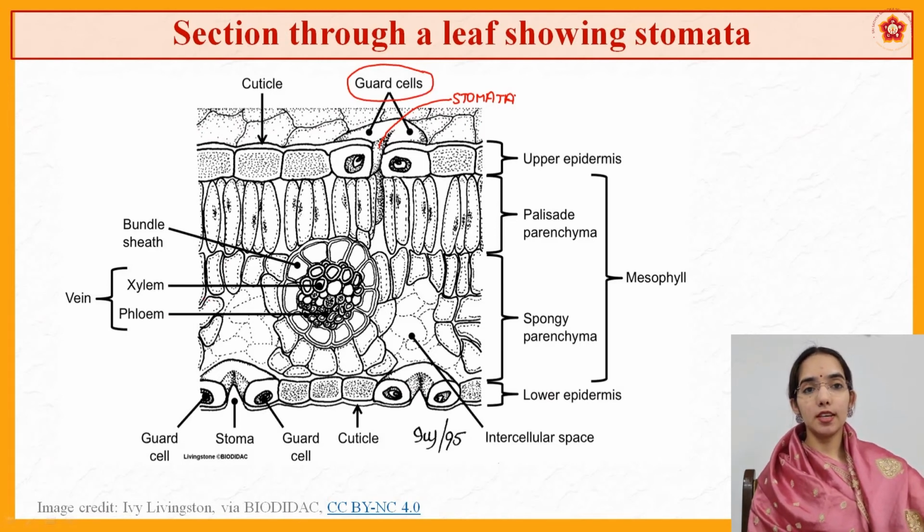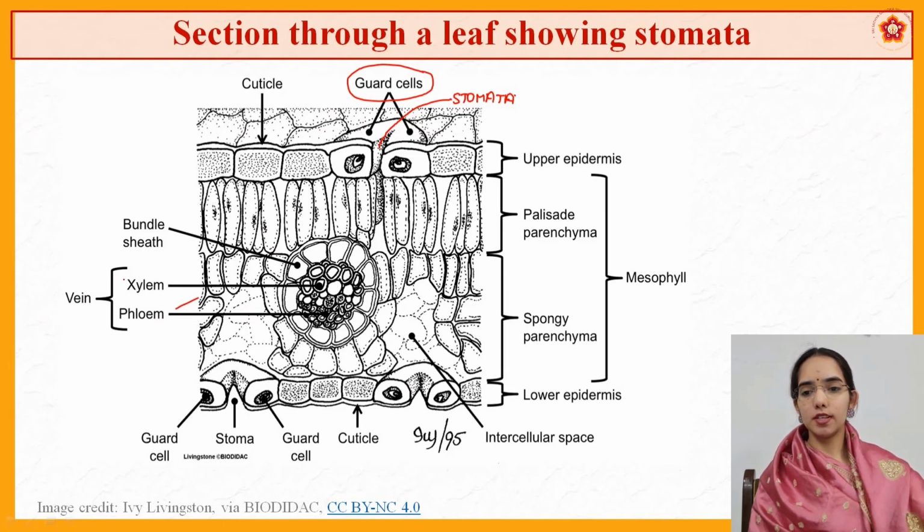So students, the thing is that the stomata cannot stay open throughout. If it is open the entire day, whatever water is there in the leaf will also go out, it will evaporate. So guard cells, whenever carbon dioxide is needed, help in opening and closing of stomata. So you can remember that guard cells help in opening and closing of stomata.